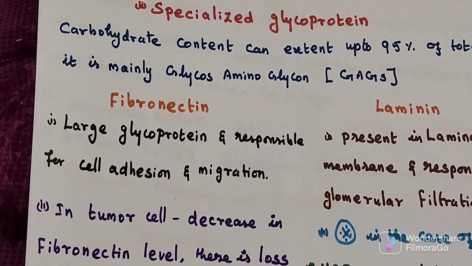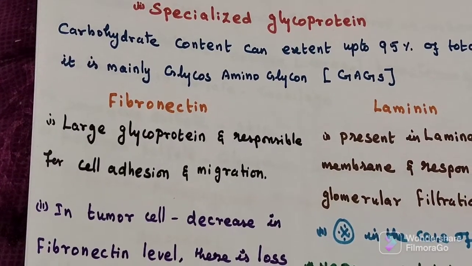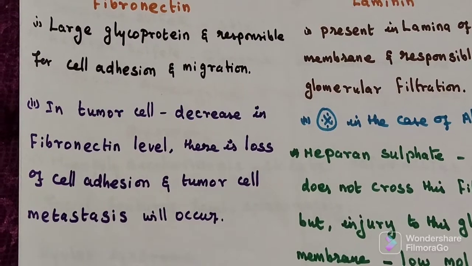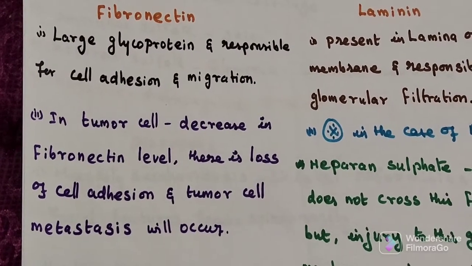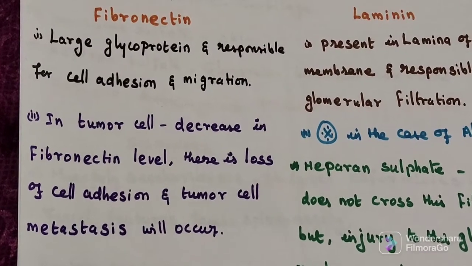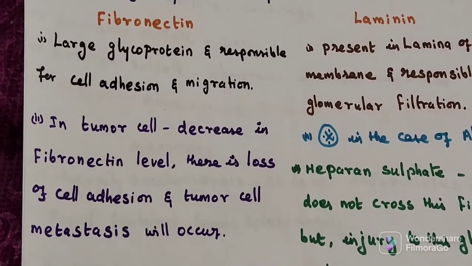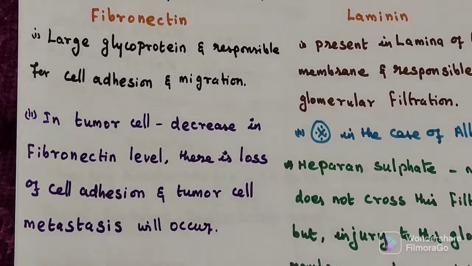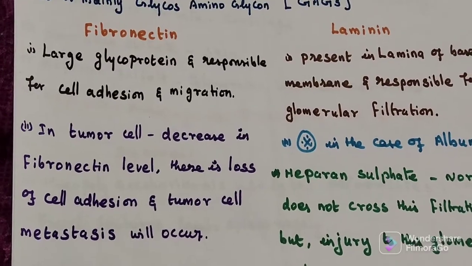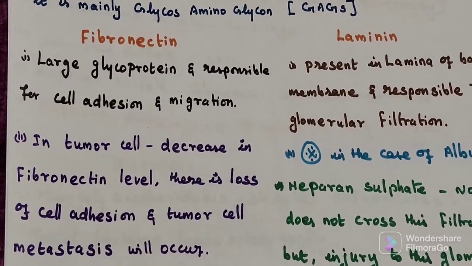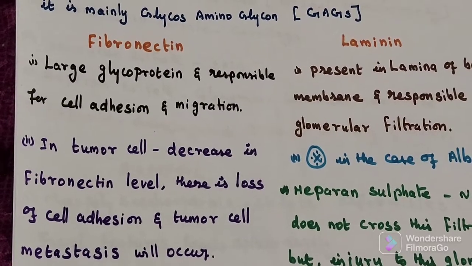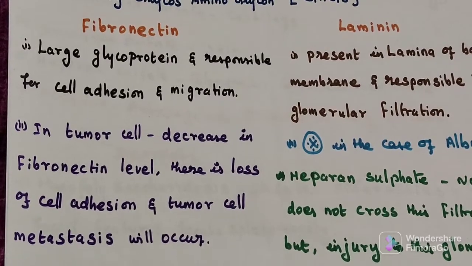In tumor cells there is a decrease in fibronectin level, leading to loss of cell adhesion, and the tumor cell will metastasize. So deficiency of fibronectin means loss of cell adhesion and tumor metastasis will occur.